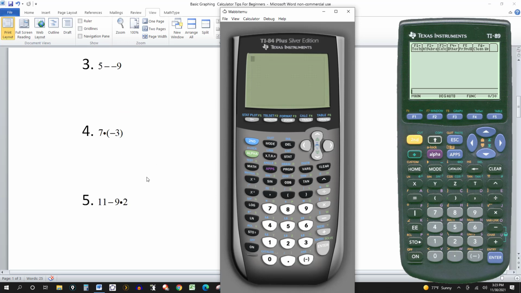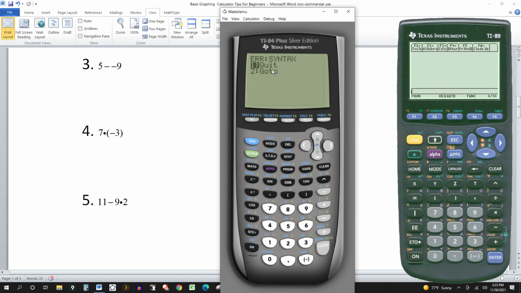Okay, for number 4, 7 times a negative 3, so I'll go 7, subtract. Notice if you make a mistake here, I'll put parentheses here and use the wrong negative. Suppose I use the subtraction sign here and put 3 here and hit enter.